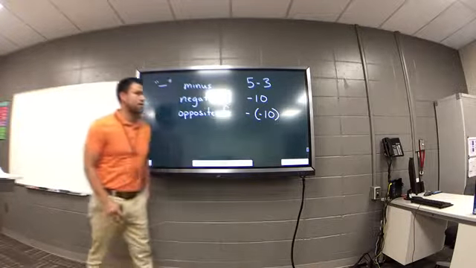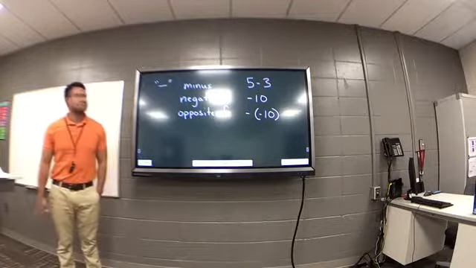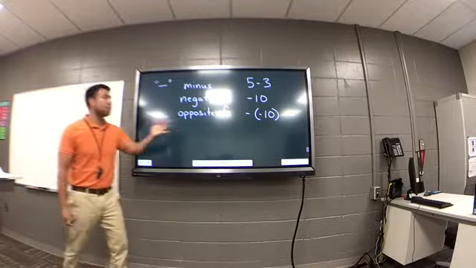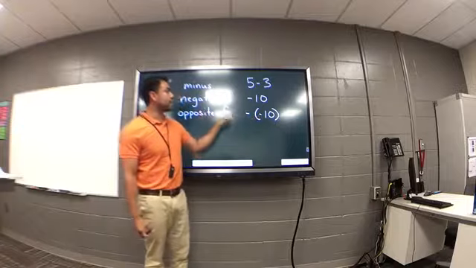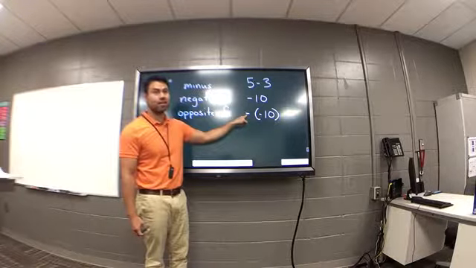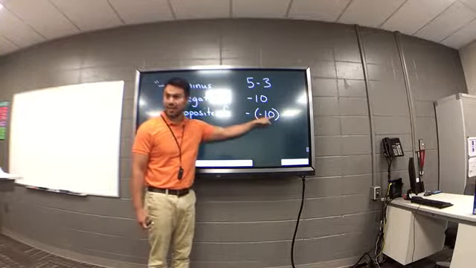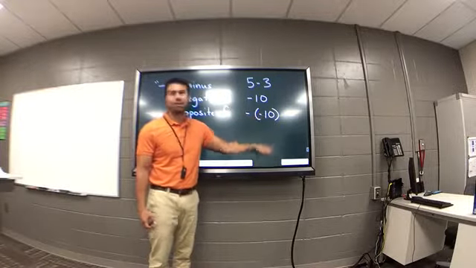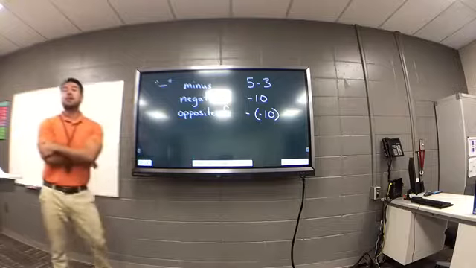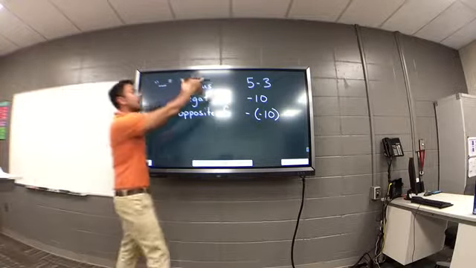How would you read it there? Opposite of negative 10. Okay, some of you simplify that. It would be 10, but the way I read it is the opposite of negative 10. Do you see how I put that? Opposite of right here, negative right there. It depends on the context. It depends on how it's written.